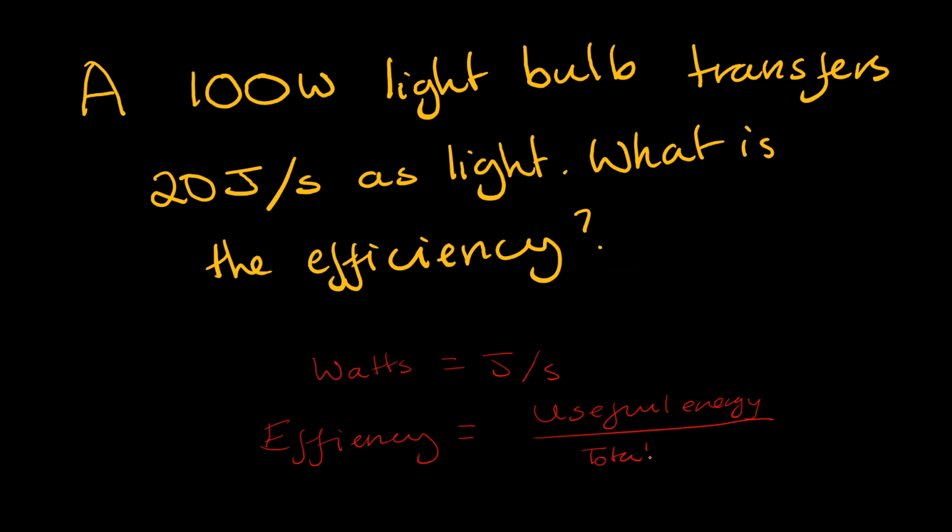There's a different video on this if you want to watch it on efficiency that I've made. Total energy in times 100%. You can kind of see this one in your head, can't you? So 20 divided by 100 times 100% is 20%.